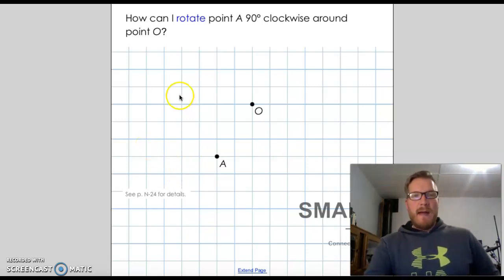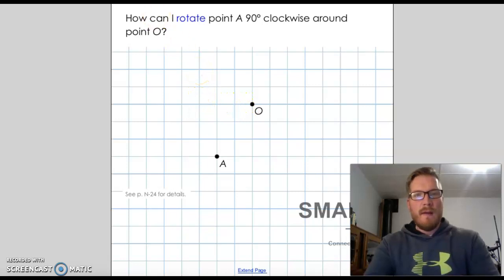So this next part here, how can I rotate point A 90 degrees, again clockwise, around point B? And again, what we can do, and this is a good trick for 90-degree rotations, you can just do some counting of the grid lines. So this would go over 1, 2, and then up 1, 2, 3. So I can move this over 1, 2, 3, and then up 1, 2, and I lost my spot. 1, 2, 1, 2, 3, 1, 2.